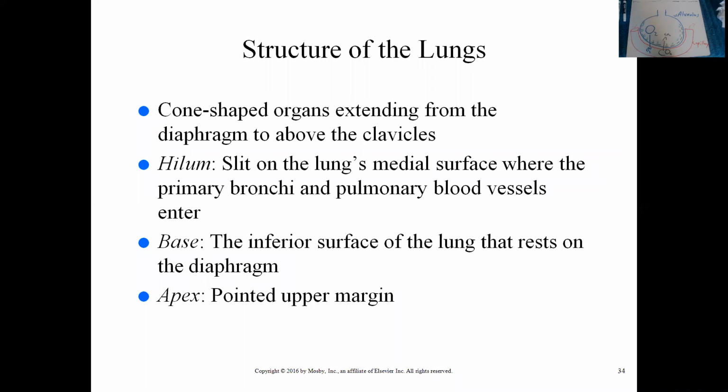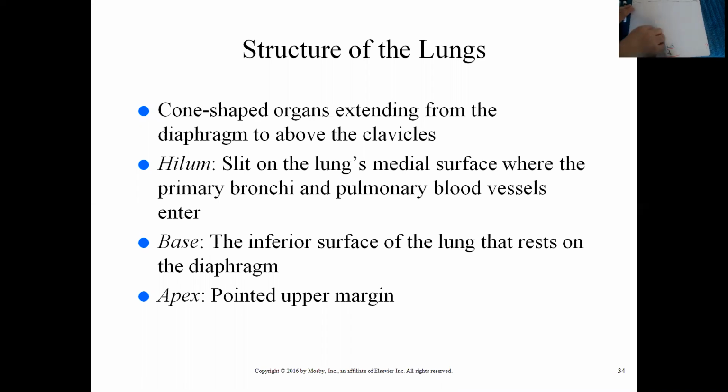So now that we've talked about the parts in the pathway of gas movement, now we'll look at the other portions of the respiratory system, starting with the lungs as a whole. So the lungs, first looking at some external anatomy of the lungs.